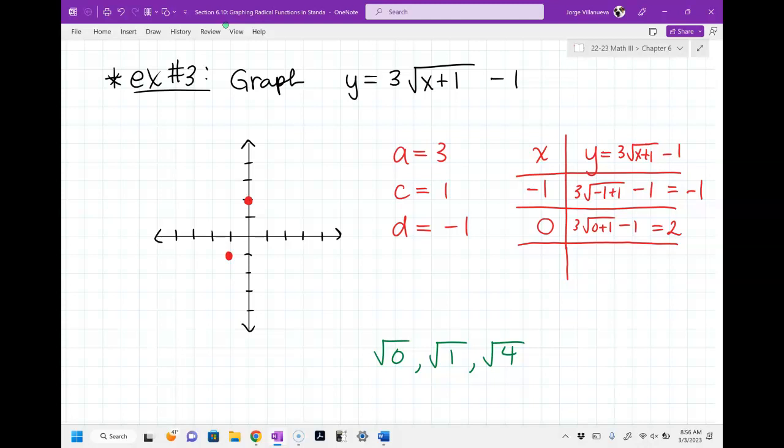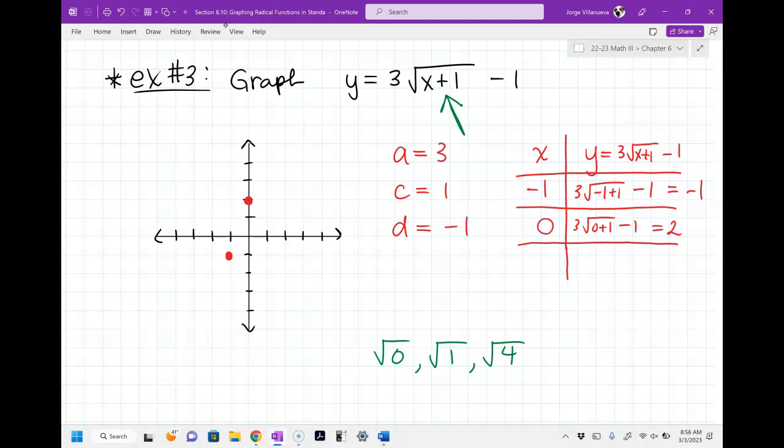The way I get a 0 is by using negative 1 and then adding 1 inside of this square root right here. Okay? How do I get a 1? Well, I'll use 0 because 0 plus 1 is 1, and that's what we did in the second one, right? So how do I get a 4? What number do I use? What plus 1 is 4? 3. So use a 3.